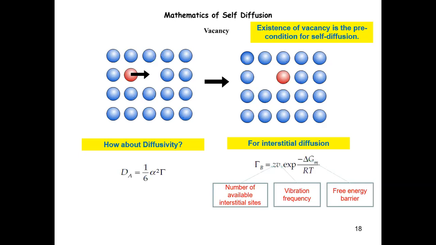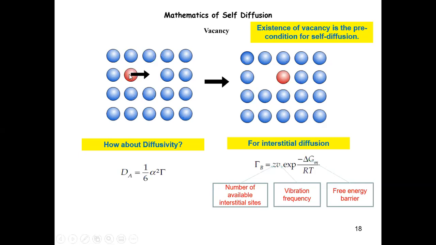Okay, so now here's an interesting question. If we want to generalize this equation for the hopping rate from the interstitial diffusion case to the substitutional diffusion case, mathematically, what terms do we need to keep in there and what terms do we need to modify?